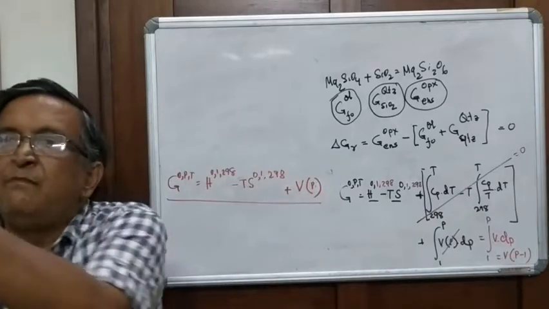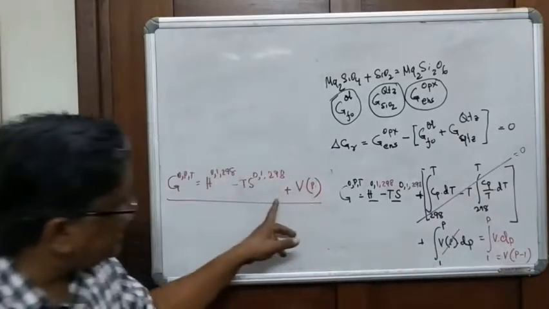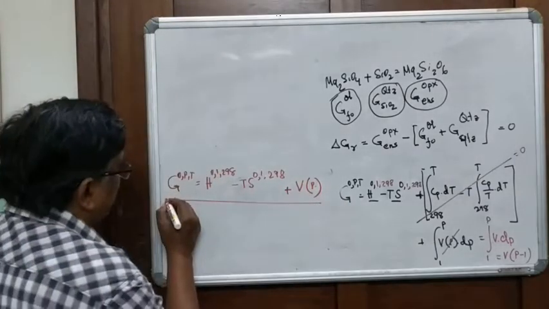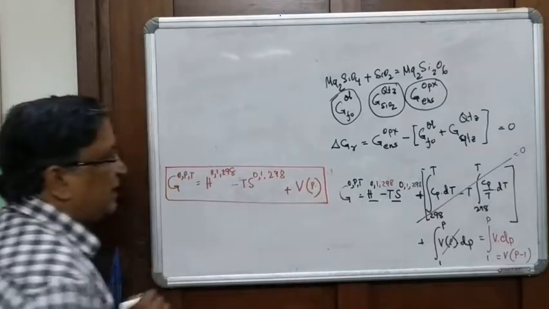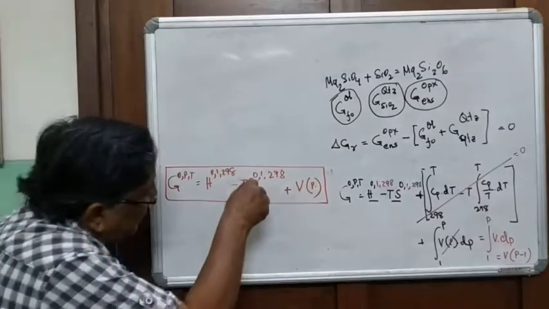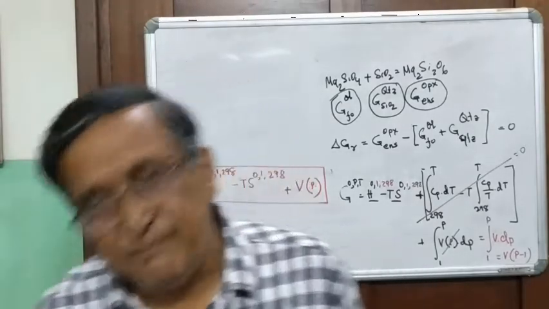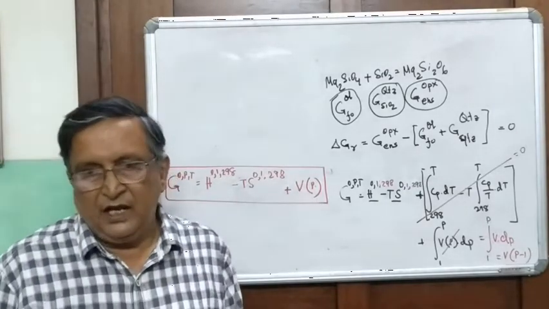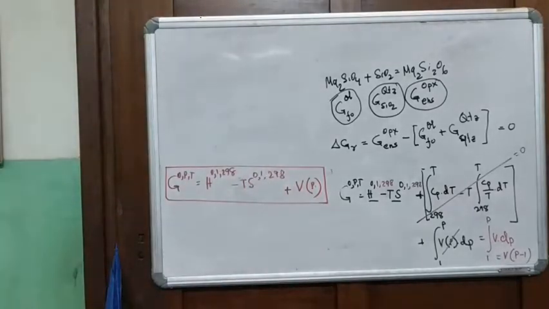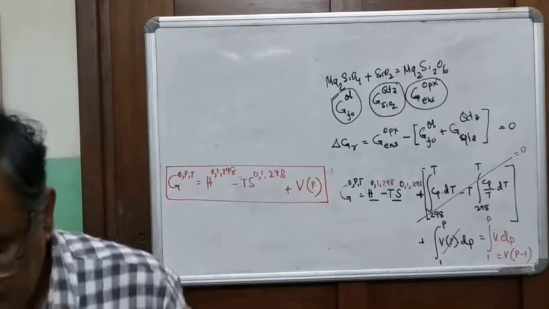Since P values are much, much bigger than 1, we ignore the minus 1 term and write P into V. This makes the equation much simpler and easier to look at. But this is a highly simplified equation that in the modern day you can't use. But it really helps you in trying to understand the expression, and that is what we are aiming at.